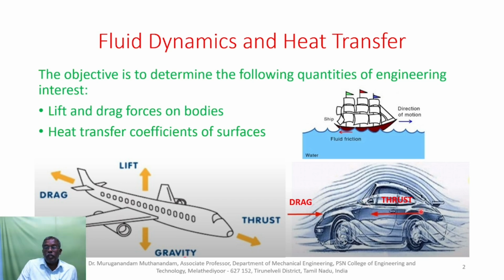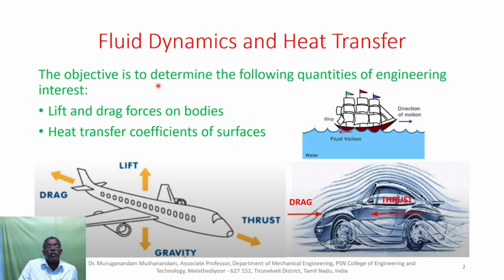When an automobile is moving forward due to the thrust force given by the IC engine, against that force there is a resistance force due to the motion of air, which is the drag force acting on the automobile. So these are the examples of lift forces and drag forces on bodies.